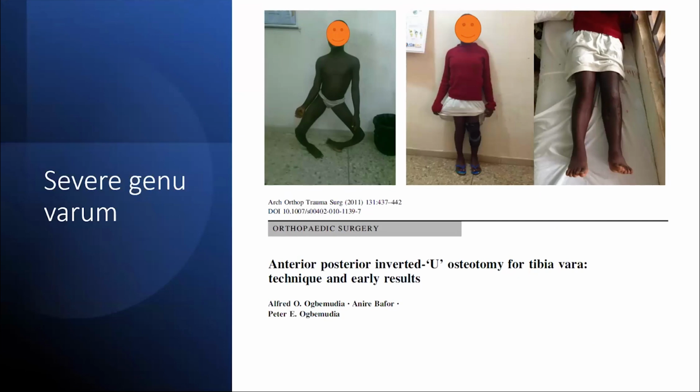The approach would be, again, open surgery, and we use 2 incisions, one on the medial side and one on the lateral side, create an anterior posterior dome osteotomy, and incorporate a lateral closing wedge. And you'll be surprised at just how much correction you can get. So here we have the patient both weight bearing and supine post-operatively.